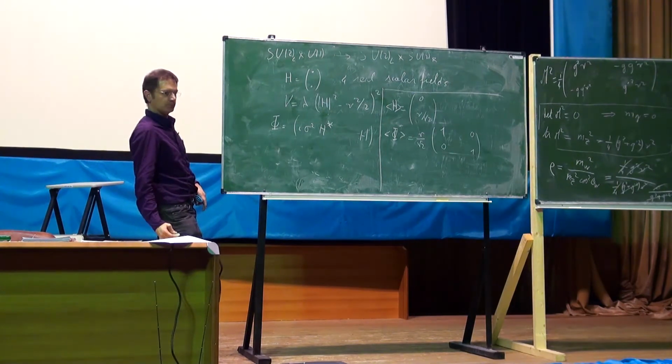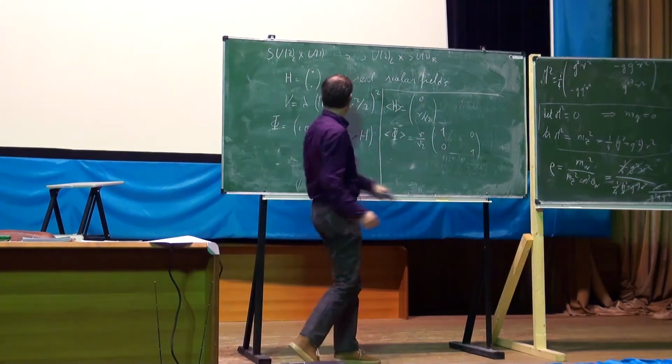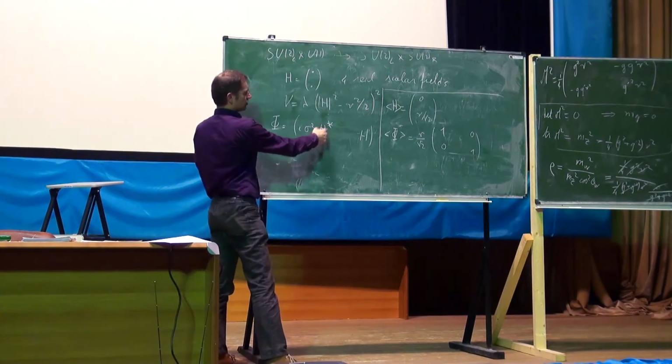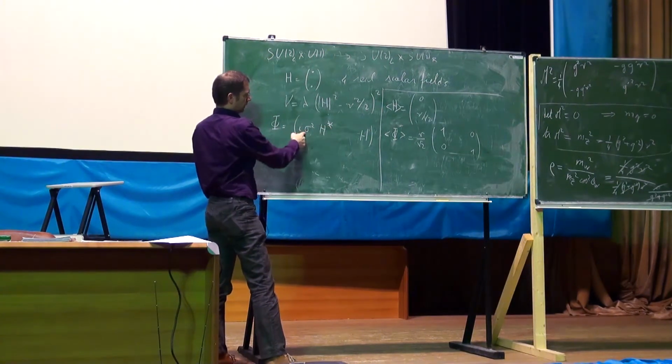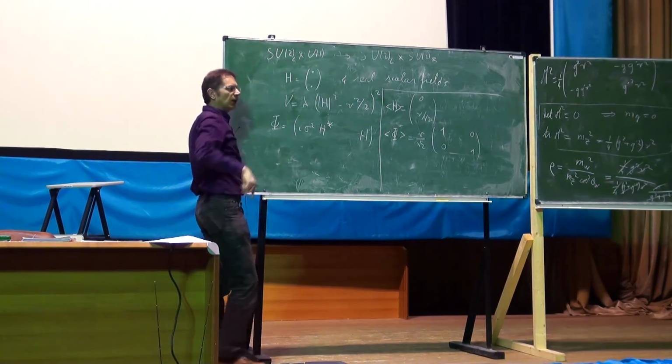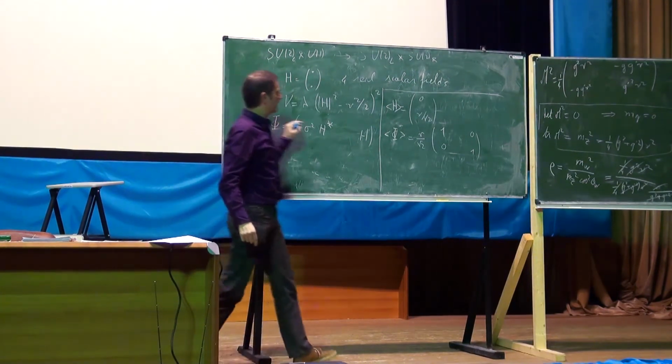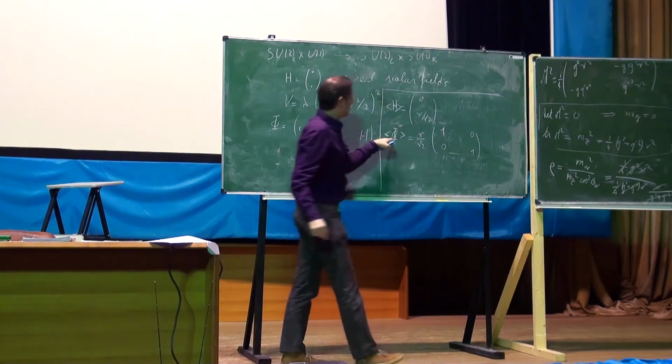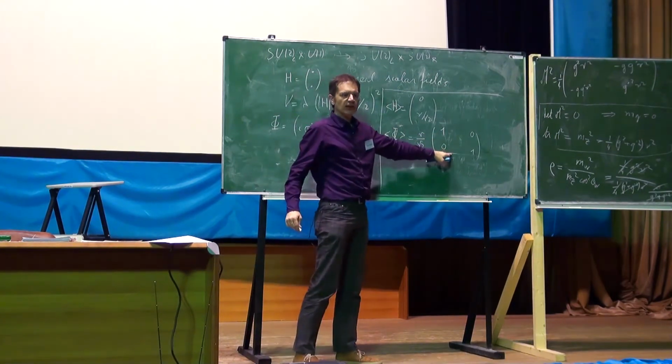If you remember, it's H complex conjugate, and i sigma 2 is basically swapping the up and down components. So this means that phi is proportional to the identity matrix in the vacuum.